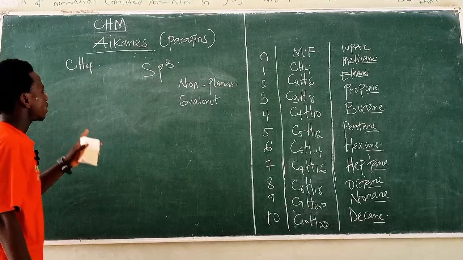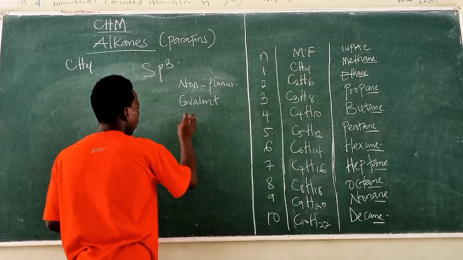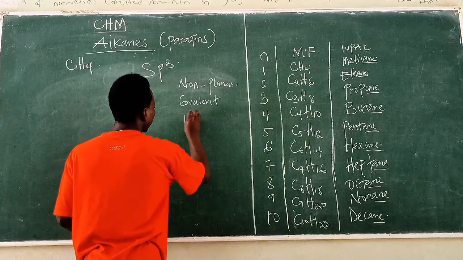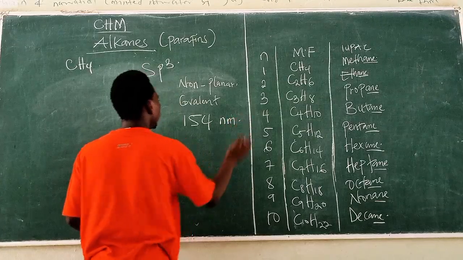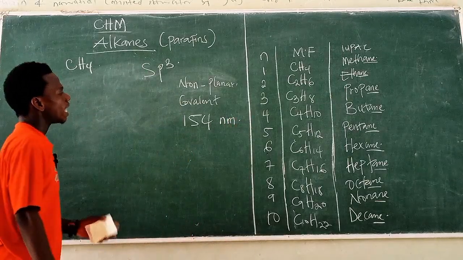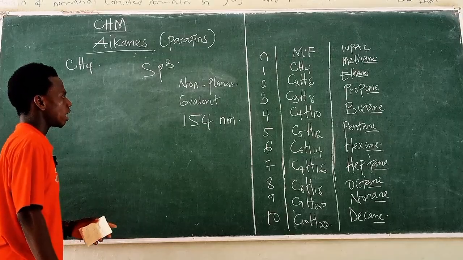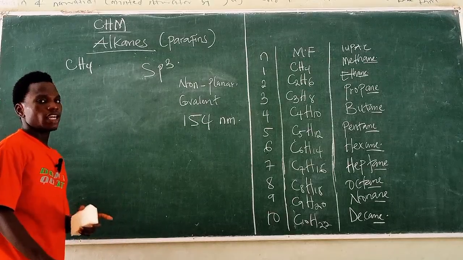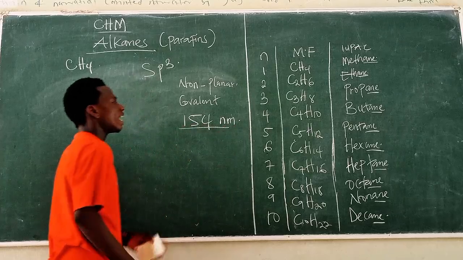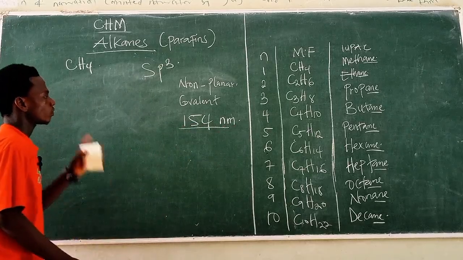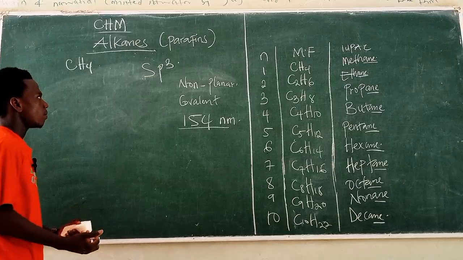Now, the bond length in alkanes is 154 nanometers, and it is the longest bond found in all organic compounds.